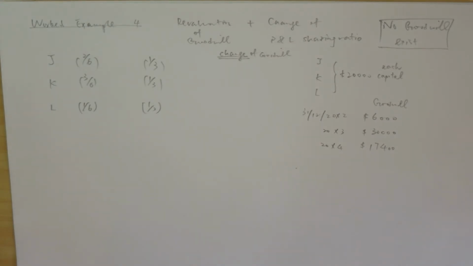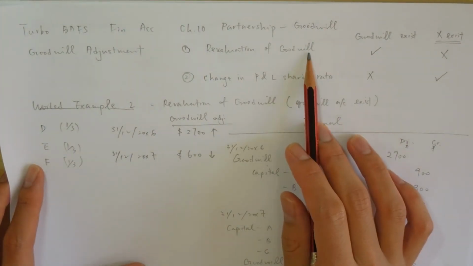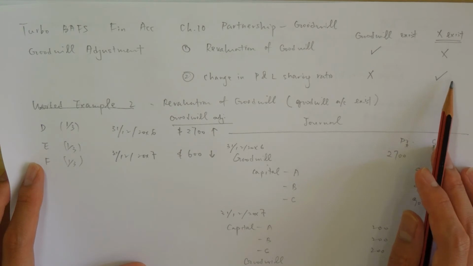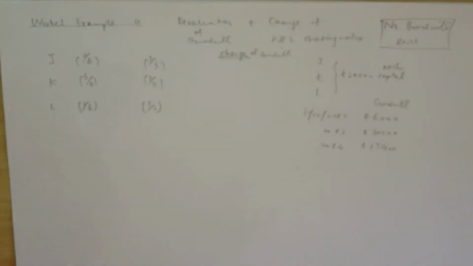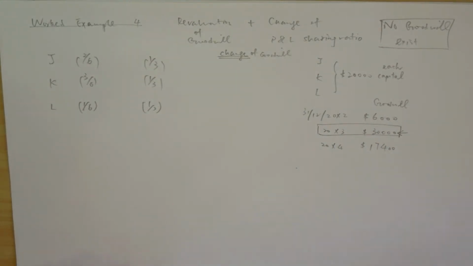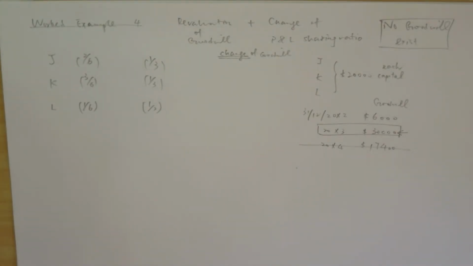Remember, we are now in the situation where no goodwill account exists. Therefore, for the revaluation of goodwill, we can simply ignore it. And the change in profit and loss sharing ratio, we need to take a look. Therefore, for the goodwill further changes, we don't need to take into account.